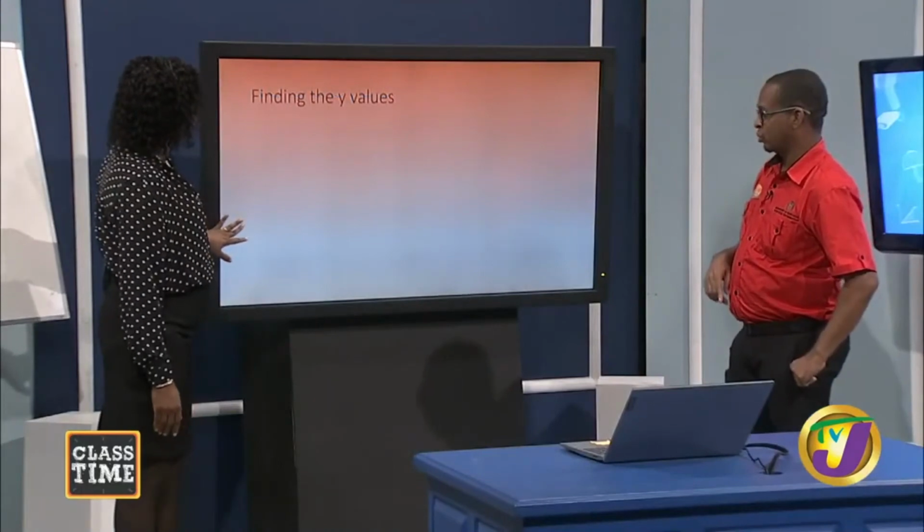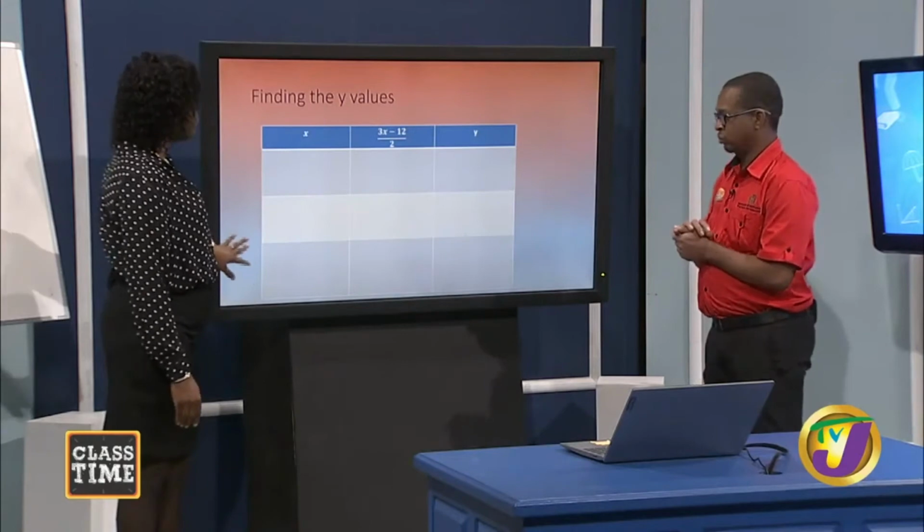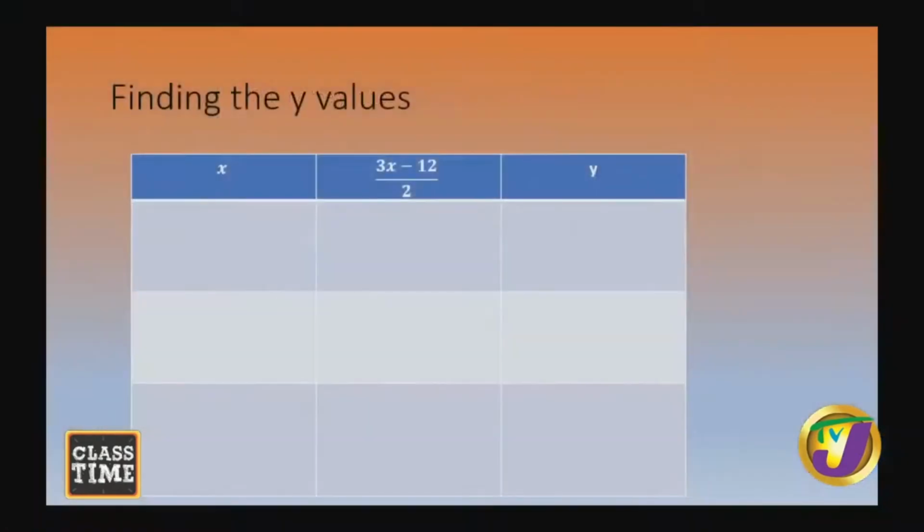So let's find some values for y, starting with the first equation that we got. Substituting negative 5 for x in the equation 3x subtract 12, all divided by 2, would be 3 multiplied by negative 5, subtract 12, all divided by 2. That would be negative 27 divided by 2, which is negative 13.5 for our y value.